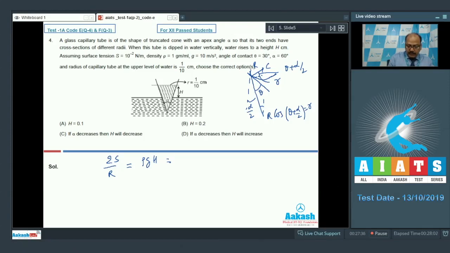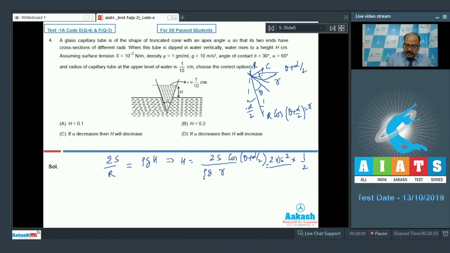So the value of h is equal to 2S by rho g capital R. But as we saw, capital R can be written as small r divided by cos of theta plus alpha by 2. We put all the values here. That means 2 into 10 to the power minus 2. Cos of theta plus alpha by 2 is cos 60 degree. So this is 1 by 2.